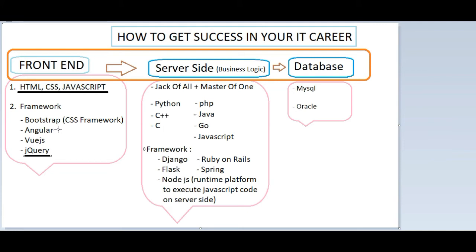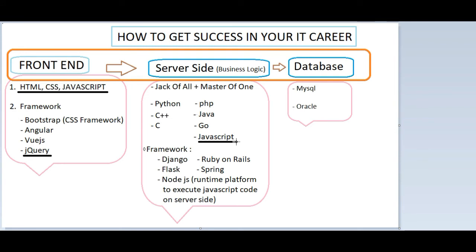Now, let's say we have developed a UI for our website using front end. Then we must have the business logic of the website, like server side. In server side we have the business logic, like for what input what output should be given. The processing part is done at server side.